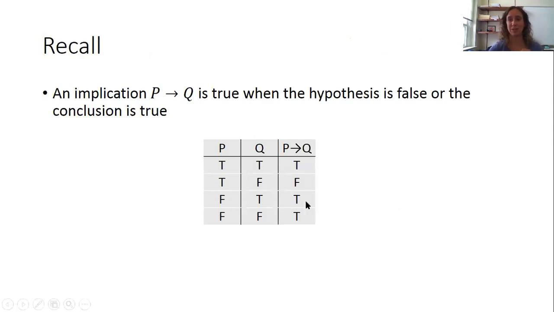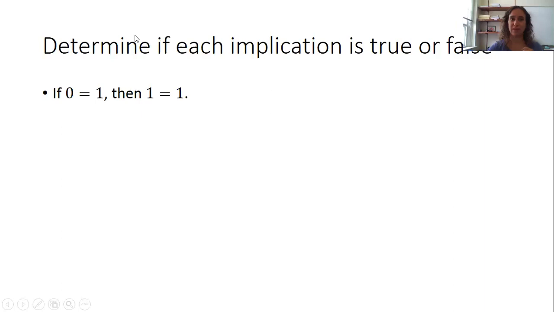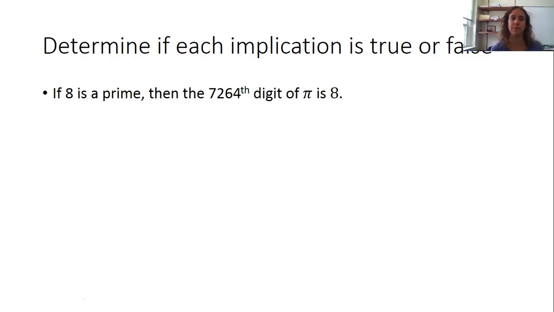That means the implication is true. I know this sounds a little bit weird, but we're looking for the mathematical truth value of it, and that means the implication is true. It doesn't matter that 0 equals 1 is actually false. The implication is true.